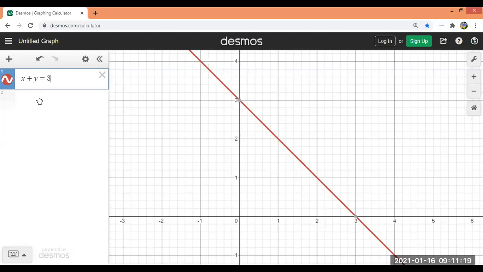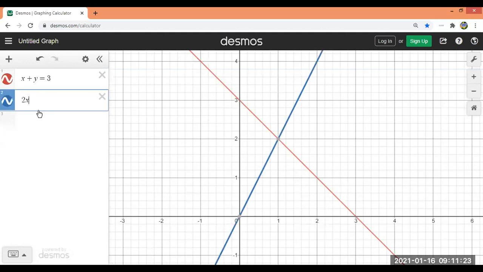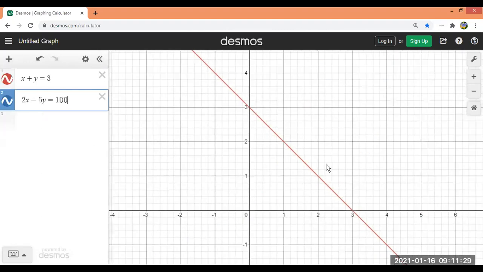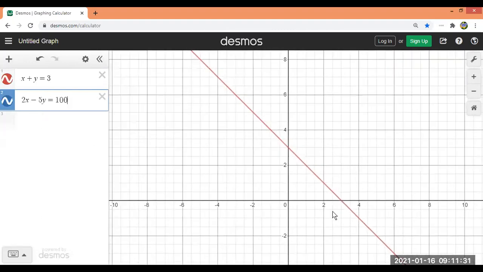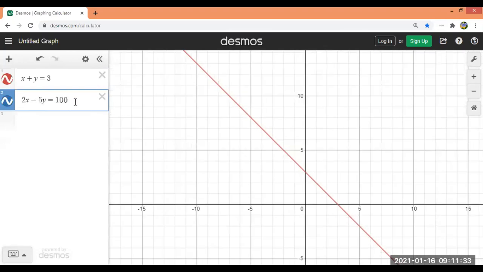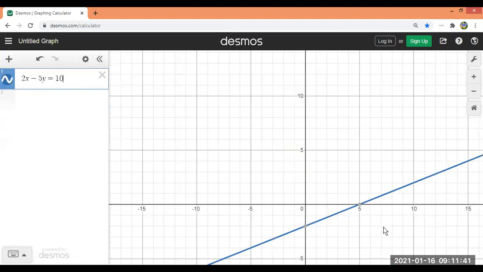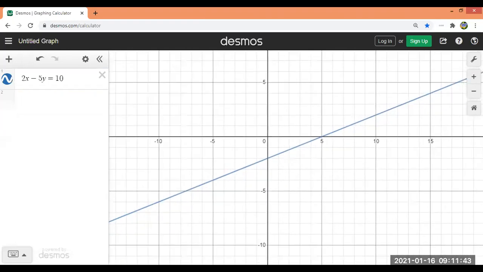You can enter any type of linear equation, let's say 2x minus 5y equals 100. Since that is a big number, if I enter 10 instead, you see this is another linear equation in blue color. This is a linear equation in 2 variables.